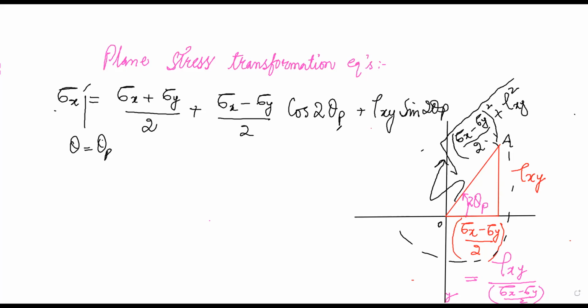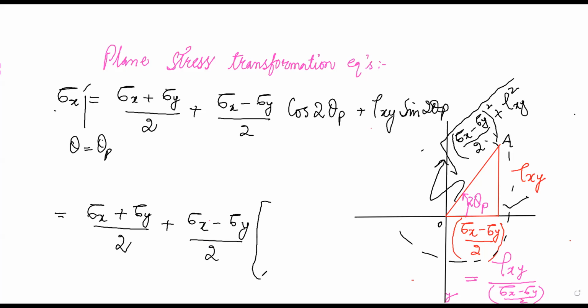Now what I will do with theta p? I have to substitute theta p equal to 1 by 2 tan inverse of that, which will be a complicated problem. I will make use of this triangle. See how I can solve this equation as sigma x plus sigma y divided by 2 plus sigma x minus sigma y divided by 2.